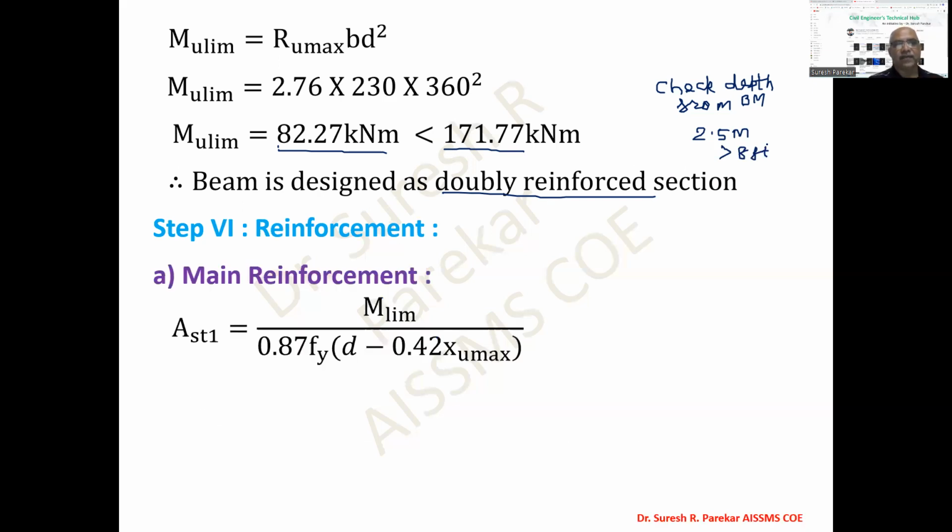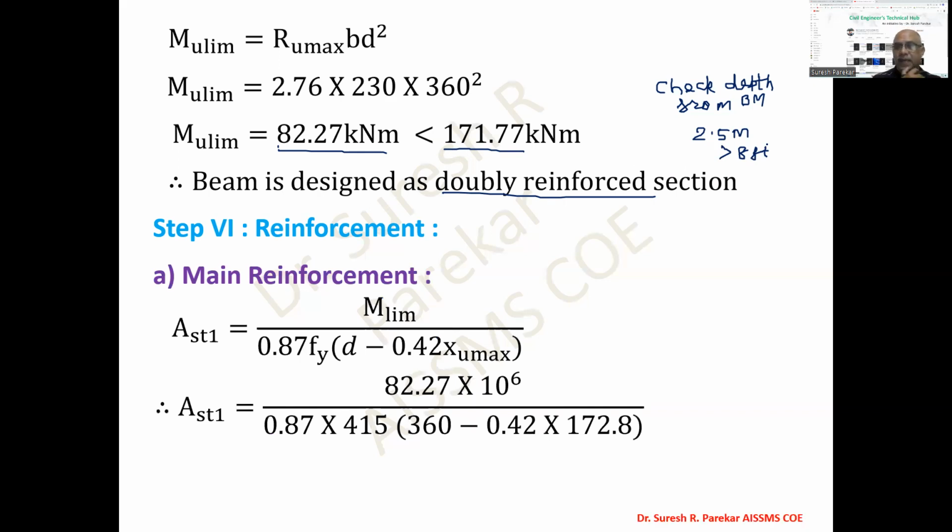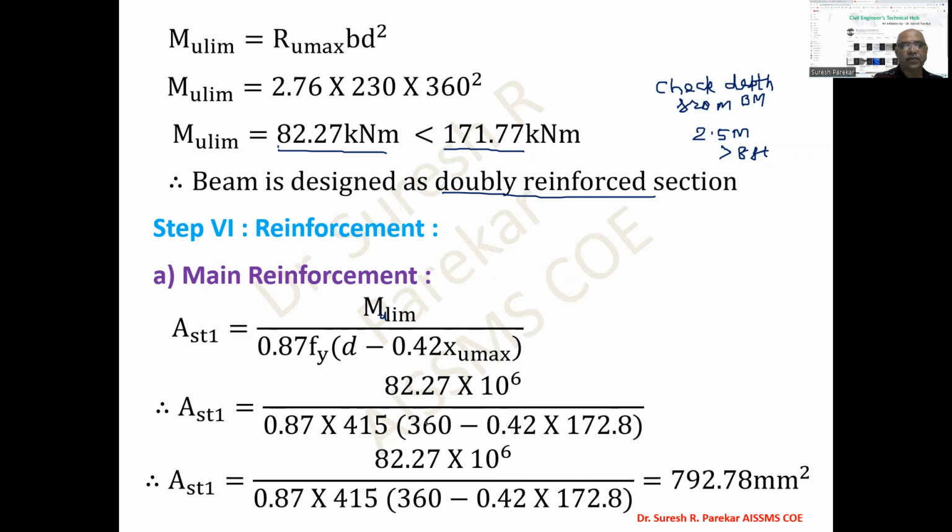Now we will go to the main reinforcement. Actually, we have here only main reinforcement. So for Ast1 we now have Mu limit, because we have doubly reinforced beams, and there you will see these formulas. Now I will not repeat this one. So we will get Ast1 from Mu limit upon 0.87 fy and these values, and substituting all these values, we get the value of Ast1 as 792.78.